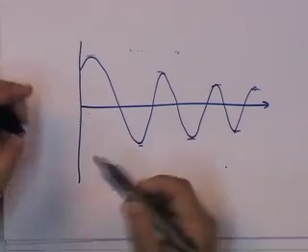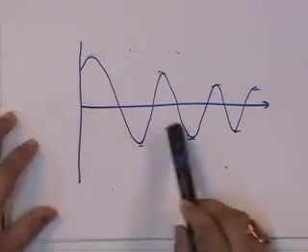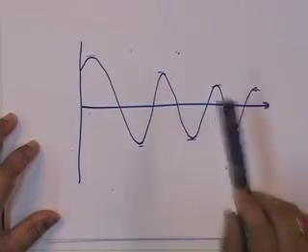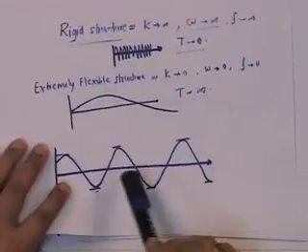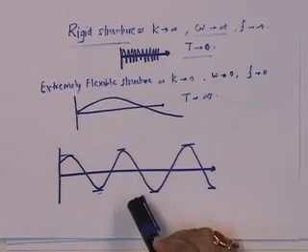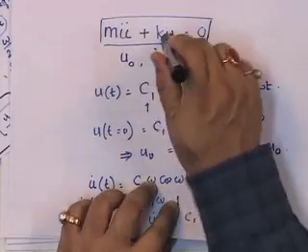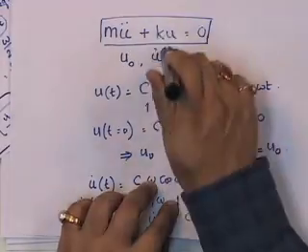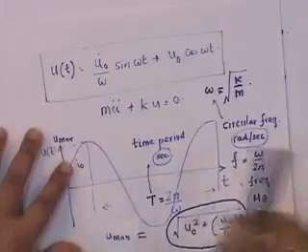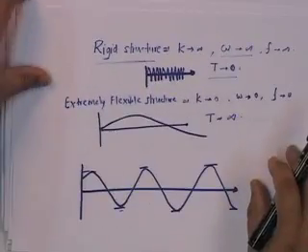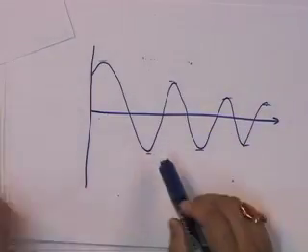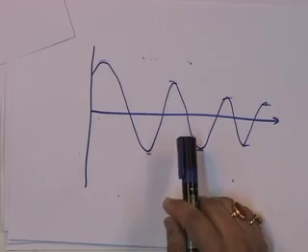So, how do we model this particular kind of behavior? Obviously, this behavior is not the same as this behavior, and therefore, the equation of motion is not this, because if it is this, then the solution is this, which then becomes this, and it does not reflect the real world situation.